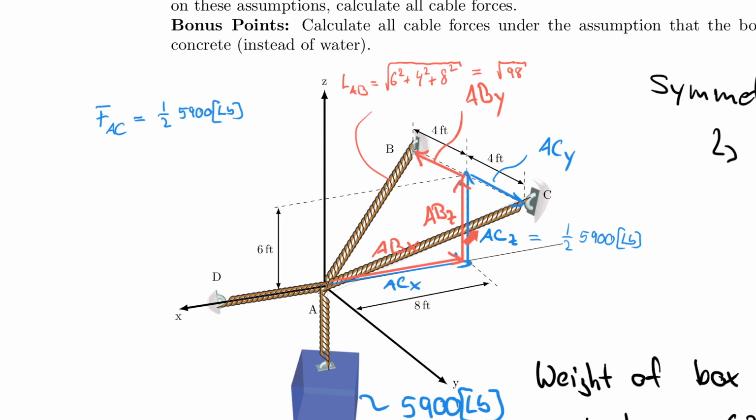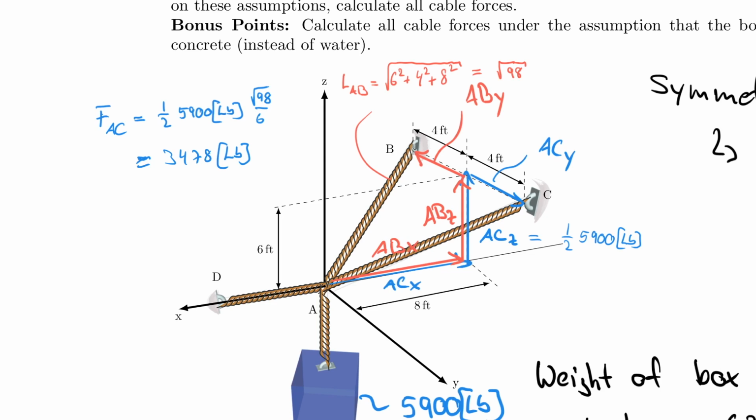So I'm going to divide that by 6 feet. And now I want to find the force along this cable, which of course has a length of square root of 98. So now I multiply that by the square root of 98. And what I will find is that FAC is actually equal to 3,478 pounds.